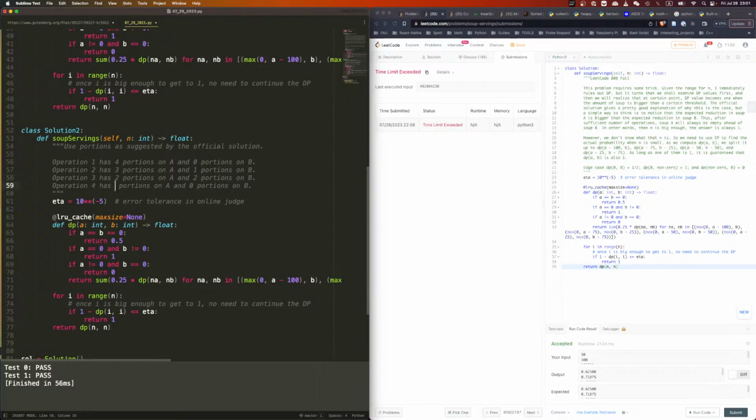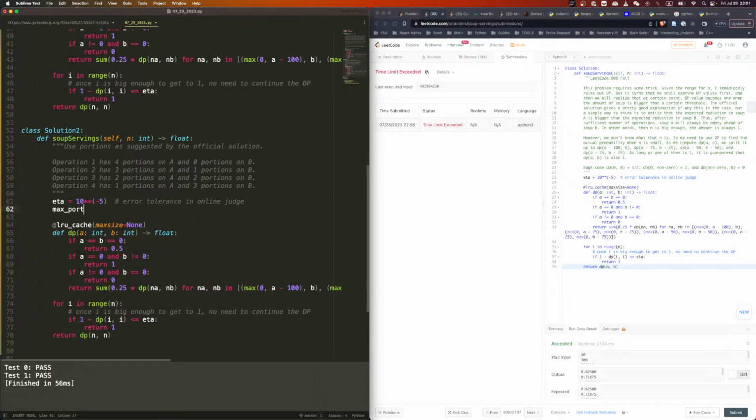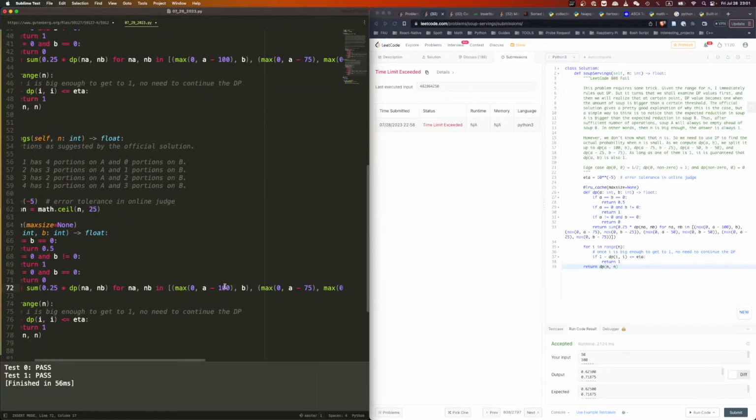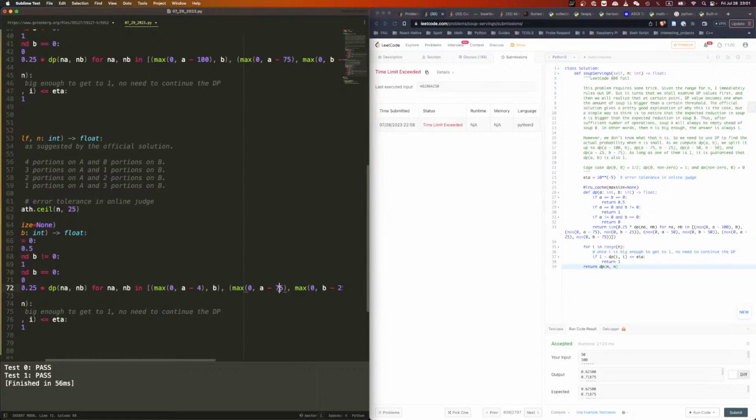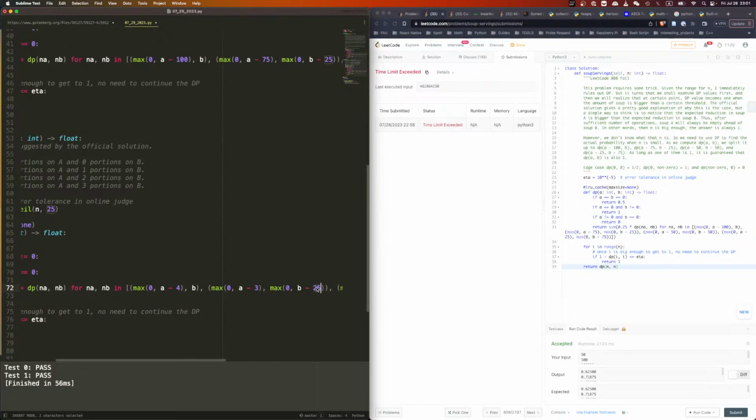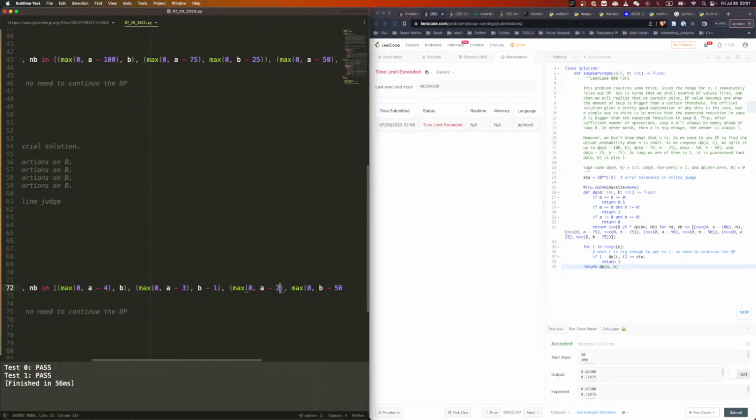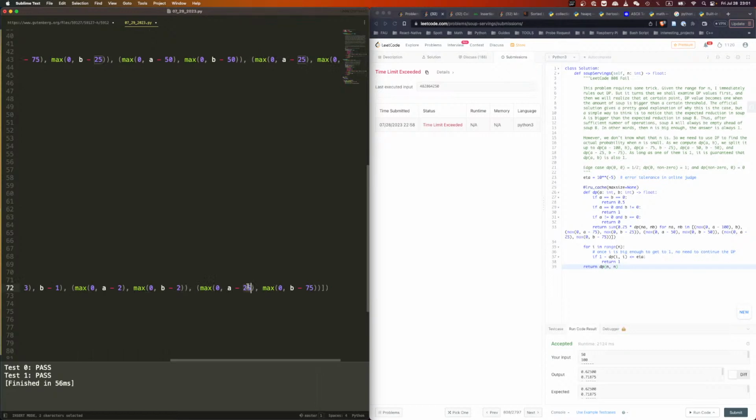Operation 4 has 1 portion and 3 portions. So max portion shall equal to n divided by 25, math.ceiling. The same, and then this is going to be minus 4, minus 3, then yeah, we can just do b minus 1, and this is minus 2, minus 1.